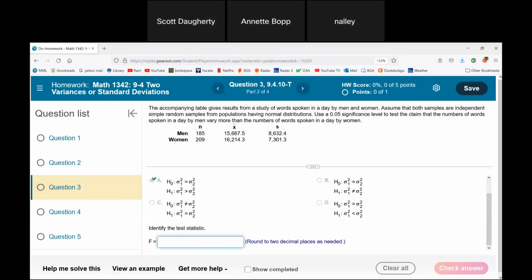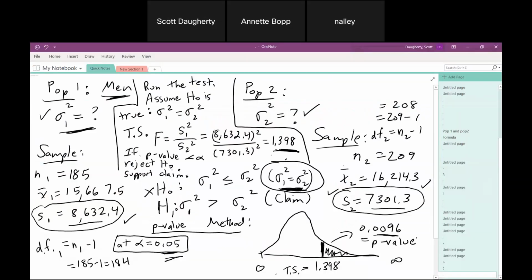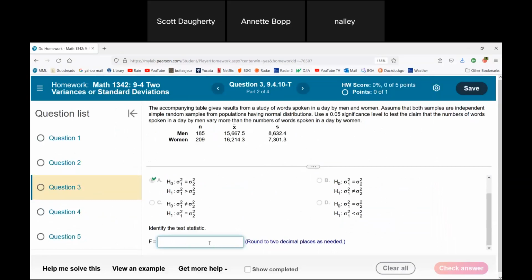Our F value, our test statistic, see what that was, 1.398. That rounded to 2 decimals would round to 1.40.